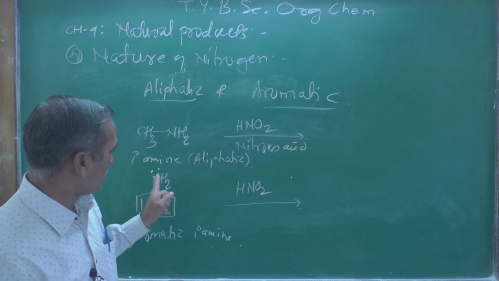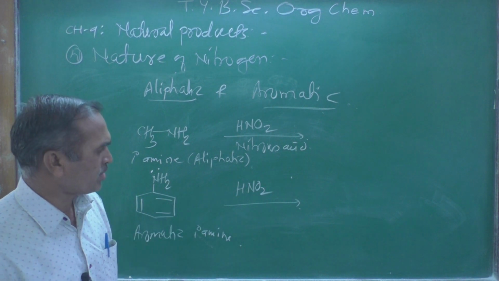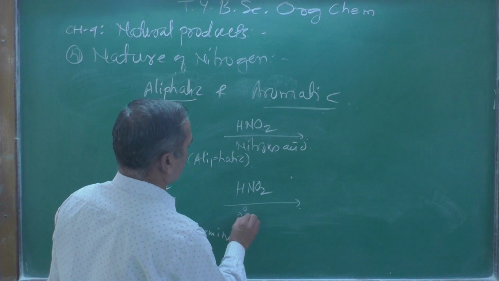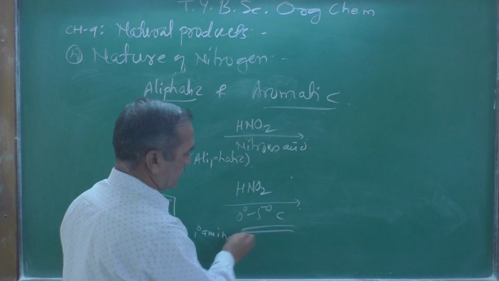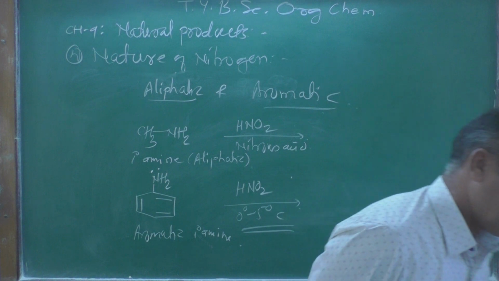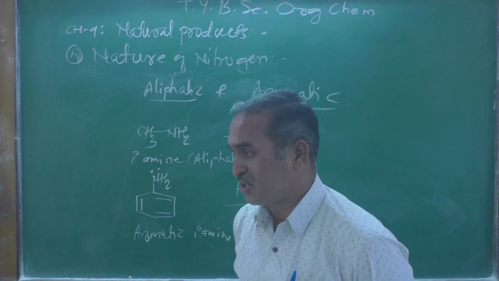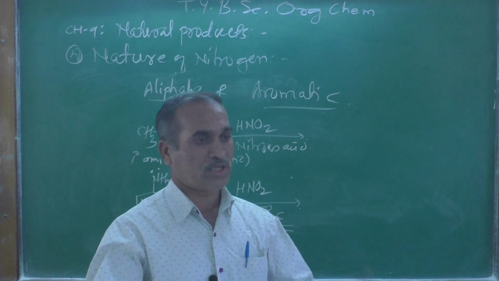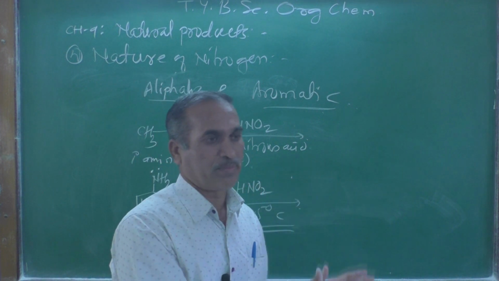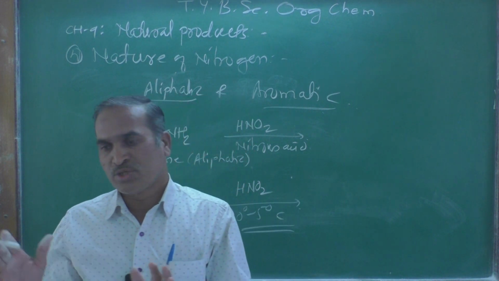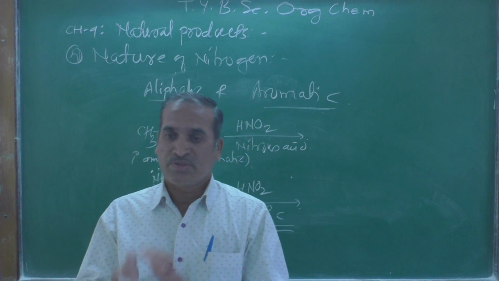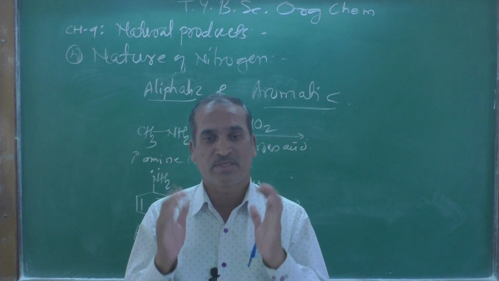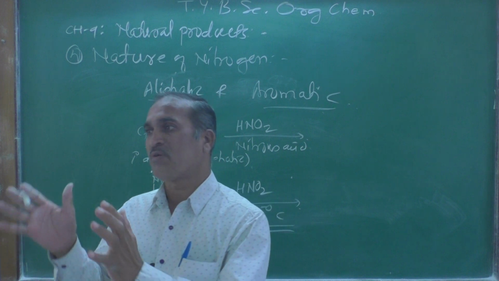This is HNO2, generally at 0 to 5 degrees centigrade. This is the reaction condition, and if you maintain the temperature at 0 to 5 degrees centigrade, then that reaction occurs, meaning a product is formed.